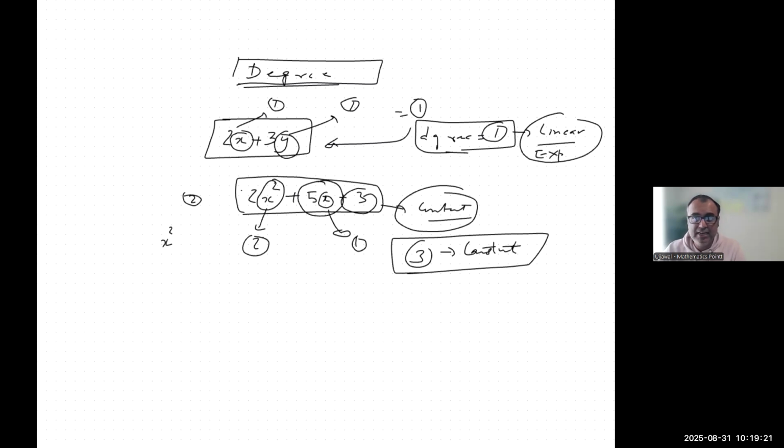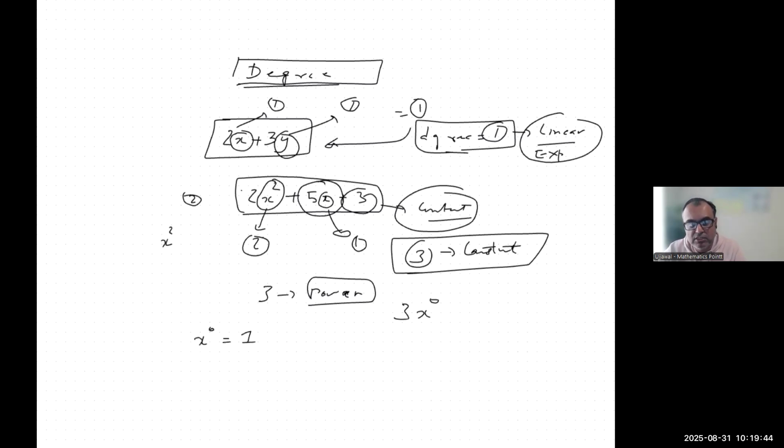Now, exactly, 3 has a variable power of 0. How can I write it down? I can write 3 as 3x raised to the power of 0. And x raised to the power of 0 is 1.